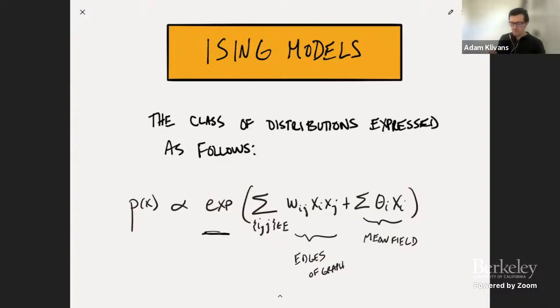Okay, so if the PDF factorizes into cliques of size 2, then we call it an Ising model. And the weights on the edges really do encode this PDF. So it's just a simple way of writing the distribution.